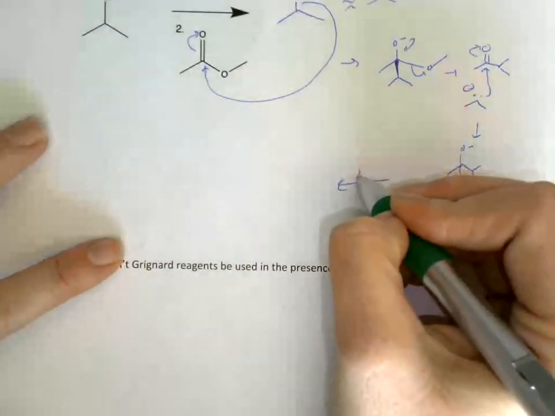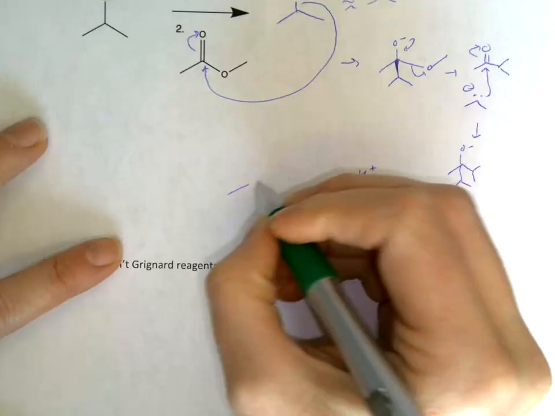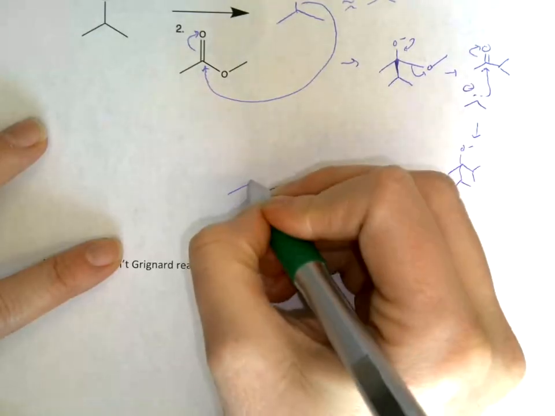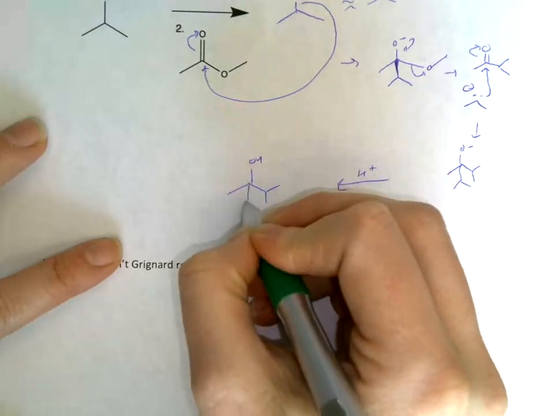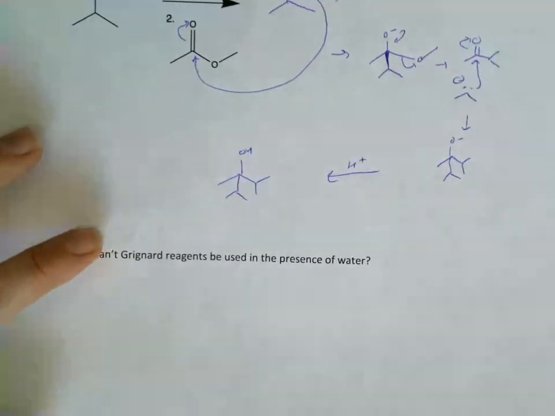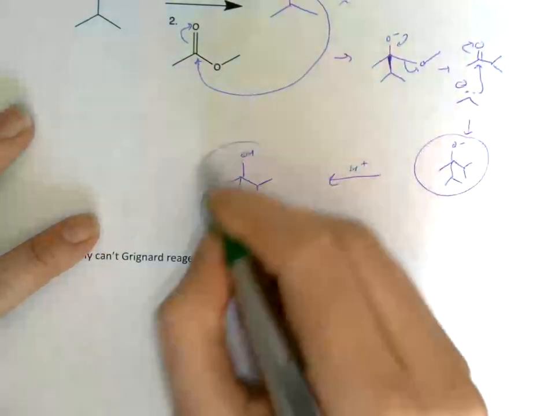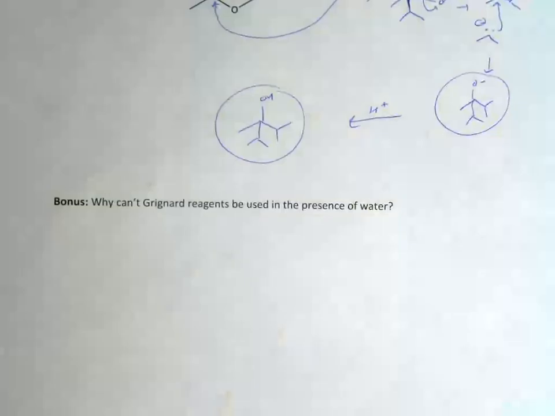Now, if you add acid, that will become an alcohol. I won't count off points if you made it into an alcohol. Technically, it doesn't have the acid included. So I would take either of these as the right answer.